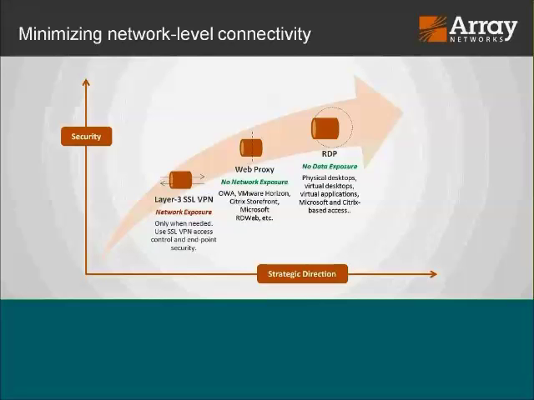So you're fully enabling productivity there while almost entirely eliminating the potential for attack. There is no network level connection, so you can't launch an attack, and data can't go the other direction. So here you've enabled secure mobile access, but you haven't exposed your network or your data at all.